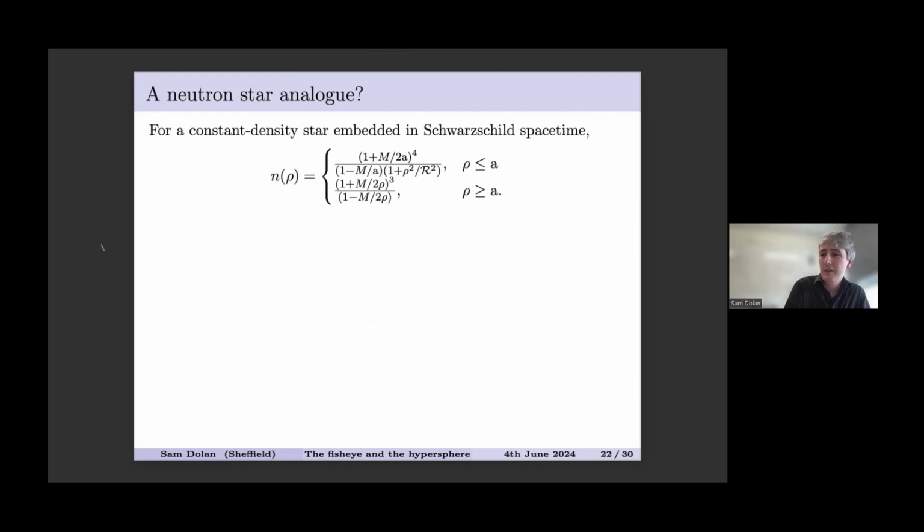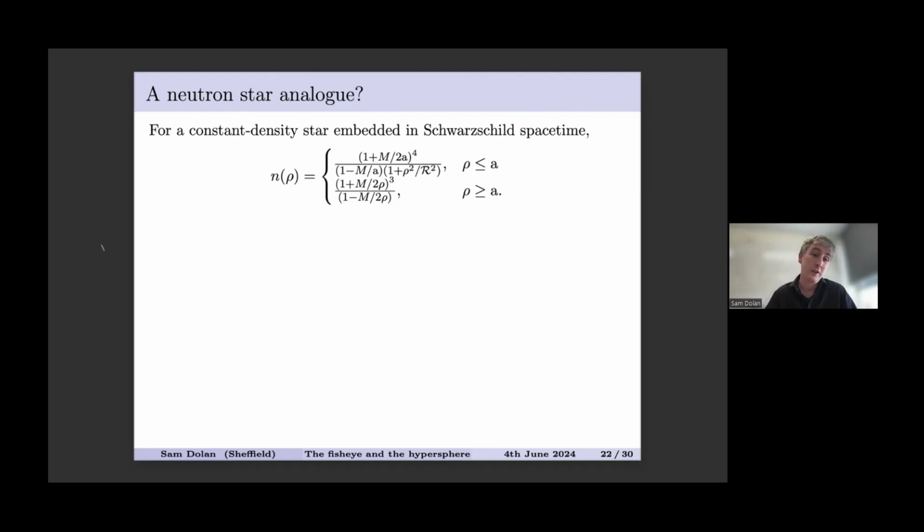So I guess this is where we make contact with the simulators community or the analog gravity community. If you can build a physical system, it could be in optics, or it could be in condensed matter, or it could even be waves in a wave tank. But if you can build a system which has an effective refractive index, then you can build a lowest order approximation to a neutron star for the purposes of lensing.